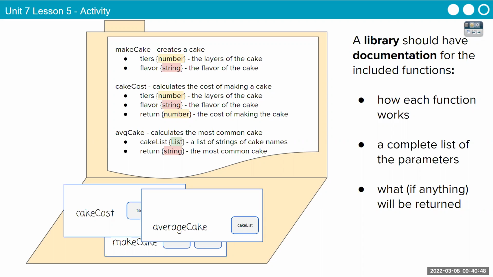Comment your code to explain what's going on. In fact, App Lab won't let you upload a library unless your functions have comments that explain what they do. So you explain what they do, what parameters they're receiving, and what will be returned if it's a return function, like we've talked about.